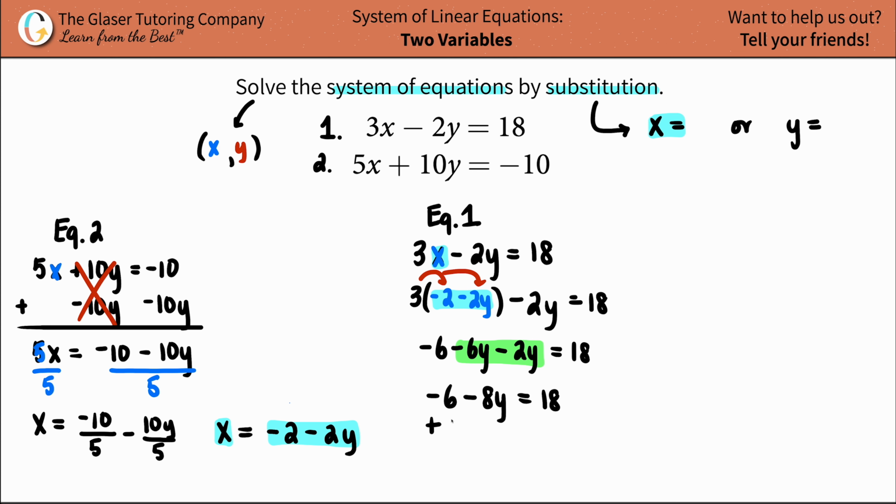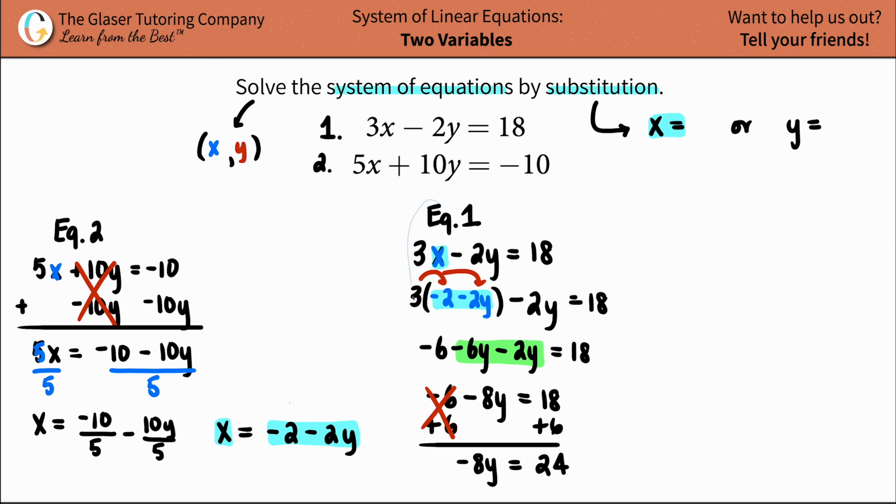Let's get that y by itself, plus 6 on both sides. This cancels out. And let's see what we get. We have -8y equals 18 plus 6. What is that, 24? Right? 2 would get you up to 20, and then you got 4 remaining.